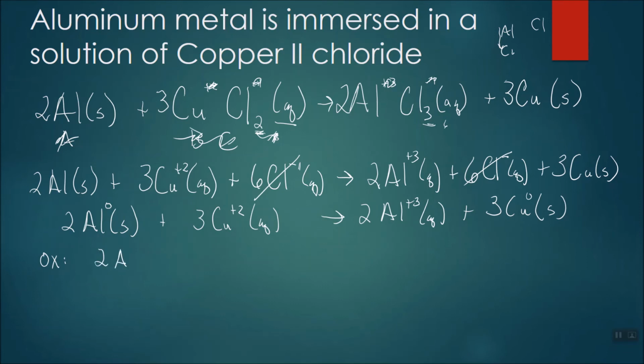So let's put 2 aluminum solid forms 2 aluminum plus 3. So oil rig. Oxidation is losing electrons. Reduction is gaining electrons. How many electrons is aluminum losing? Well, since it's going to plus 3, aluminum is losing 3 electrons.